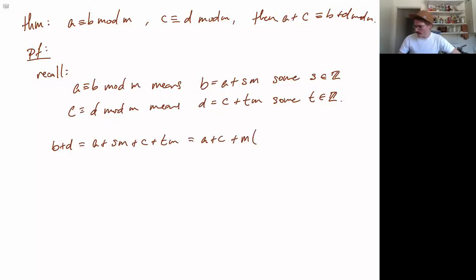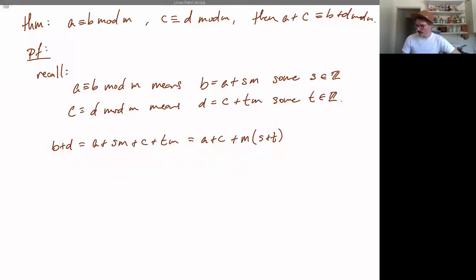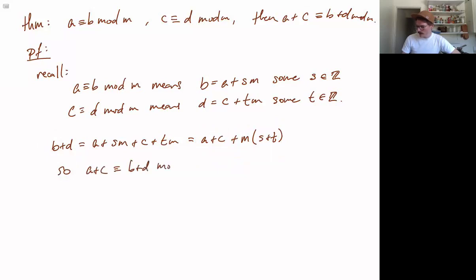We get M times S plus T. And now if we look at the two sides of this equation, this is telling us that this thing is equal to this thing plus a multiple of M. And you'll remember that that is the definition of congruence. So A plus C congruent to B plus D mod M.